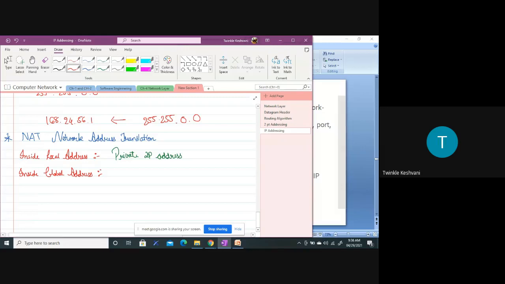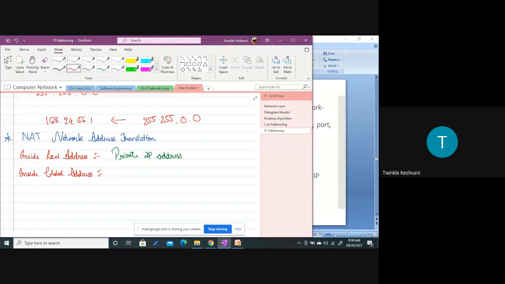We can say outside local address is nothing but an actual address of the destination host in the local network after the translation. After the network address translation process is performed, that is the actual IP address of the destination, where the packet is transferred from the source host to the destination host.